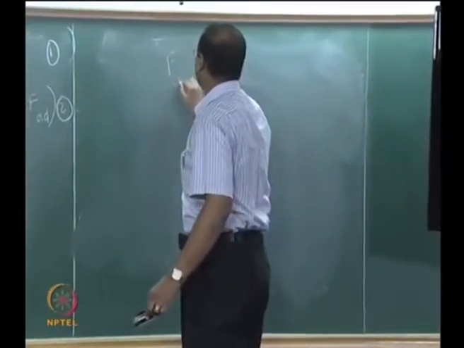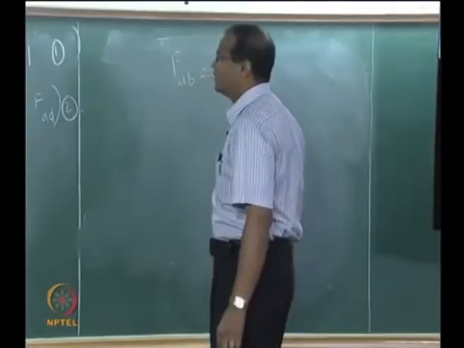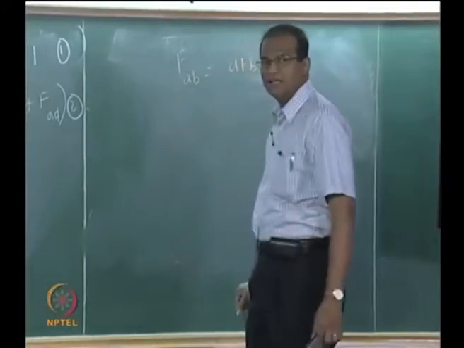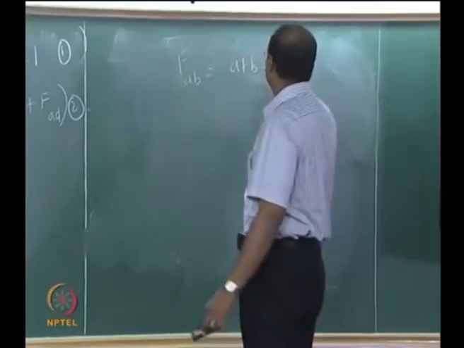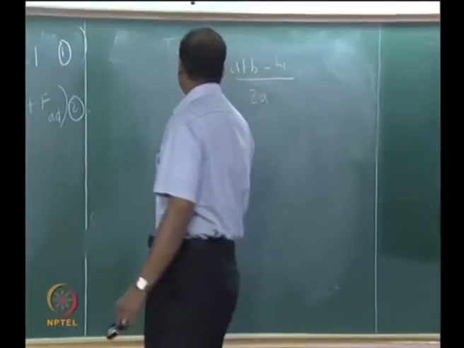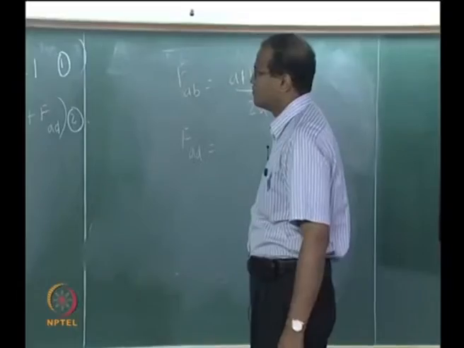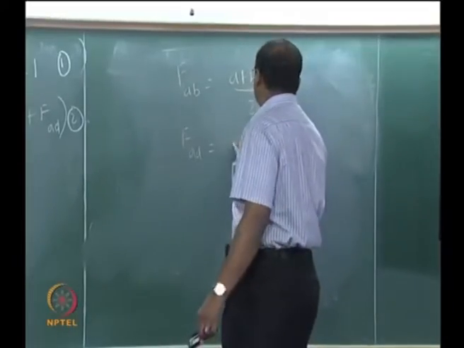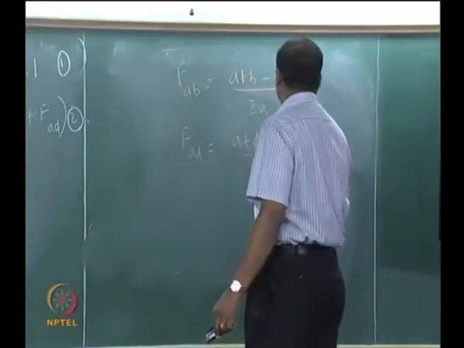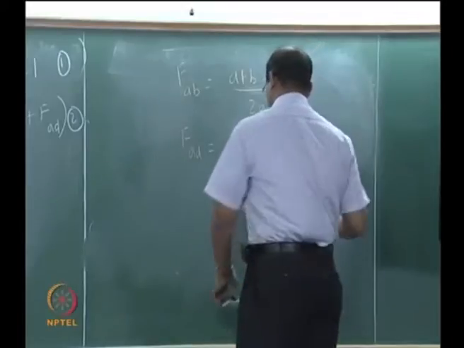FAB is equal to A plus B minus L1 by 2A. FAD is A plus D minus L2 by 2A.